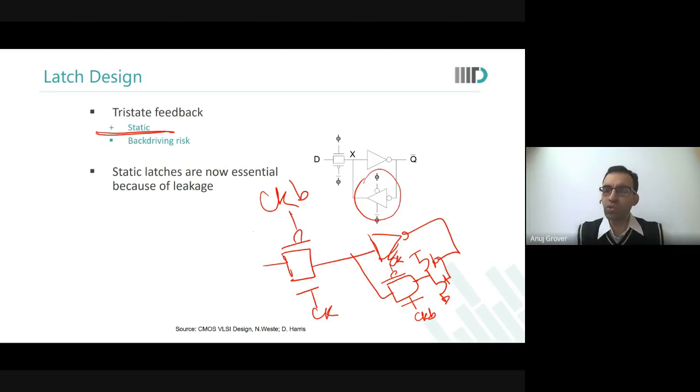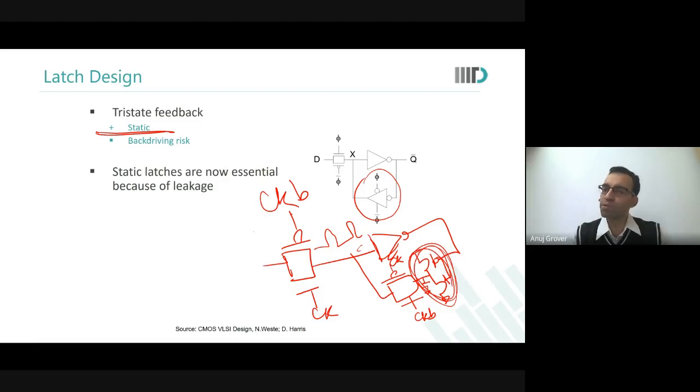Additionally, when you make a separate transmission gate, there is an additional capacitance that you are handling over here. Then there is an additional switching. Suppose this input is changing randomly while my clock is high, this inverter will also toggle.